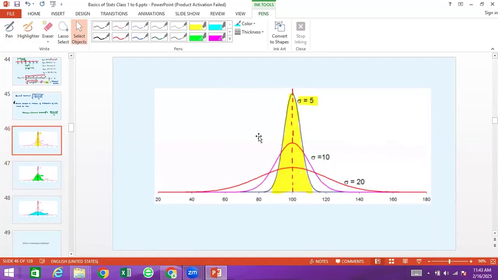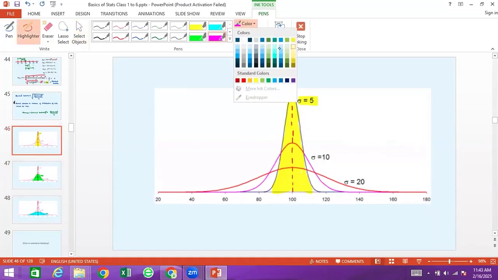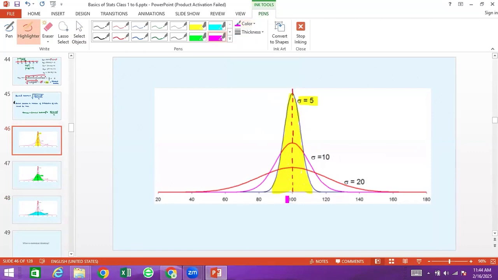No, in this, this one is your average. 100 is an average. Here again also 100 is the average. Okay. And here again also 100 is the average. So the mean is same for everyone.